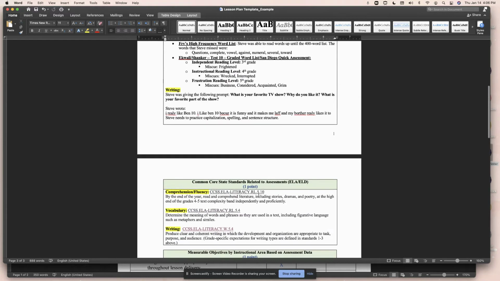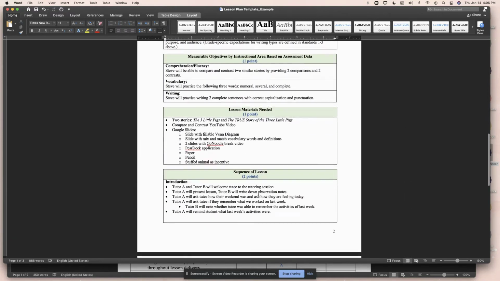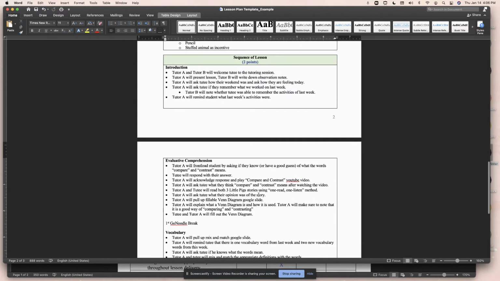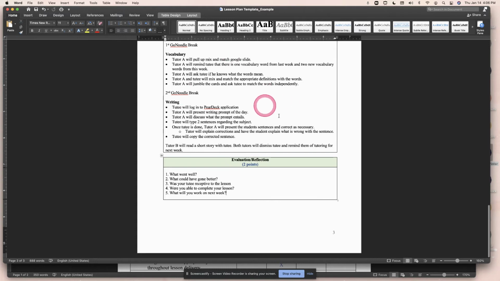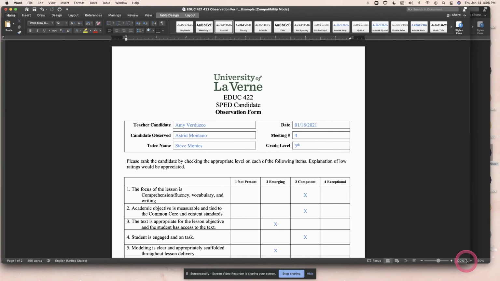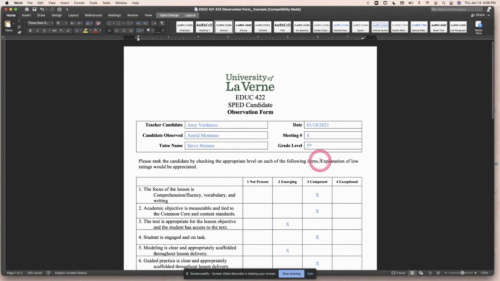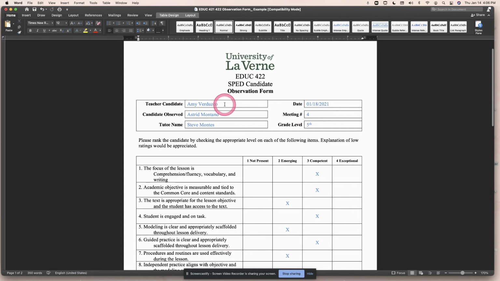So your lesson plan should look something like this, very detailed. It seems very nitpicky, but trust me, in the long run, it will help you be a little bit more organized. And to pair this with your observation report, we can switch over and put our observation hat on and think, okay, now I'm tutor B and I observed my co-teacher teach.